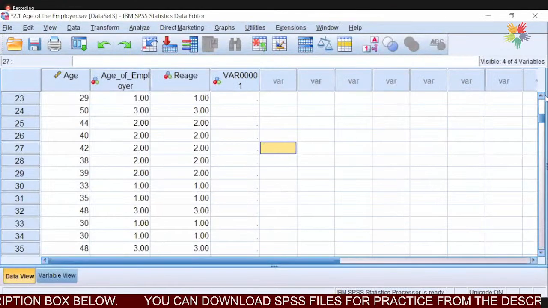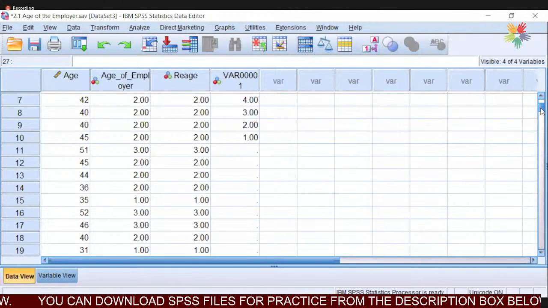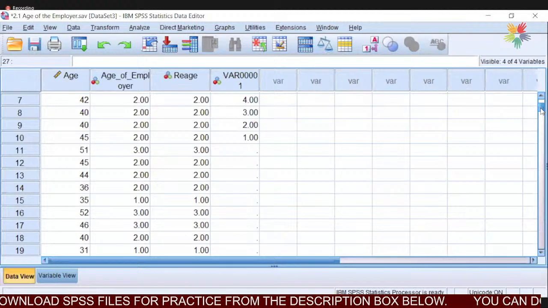Instead of missing value, there is an if condition you can use. If the value is missing, fill with the mean, all that you can do.